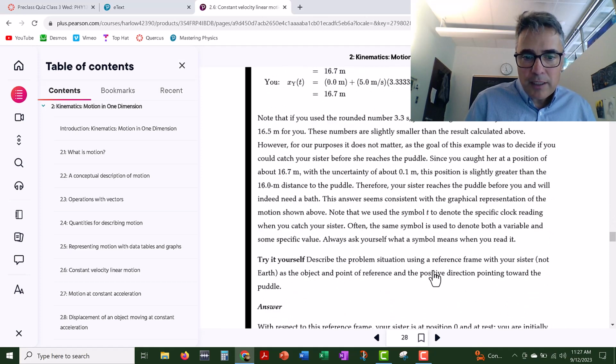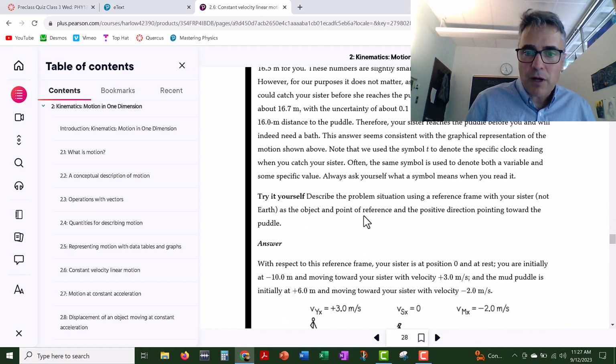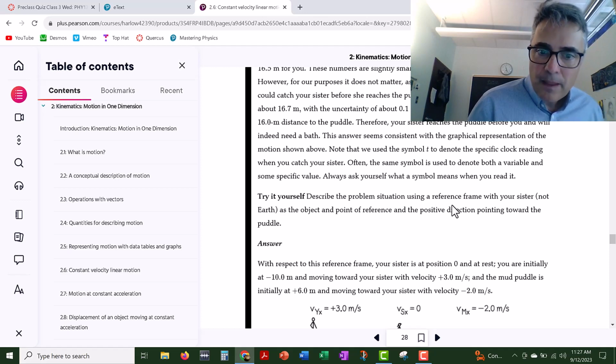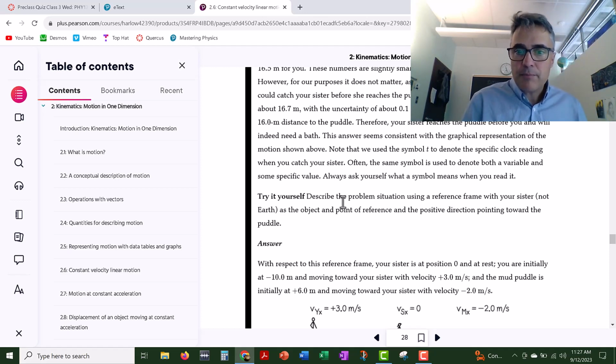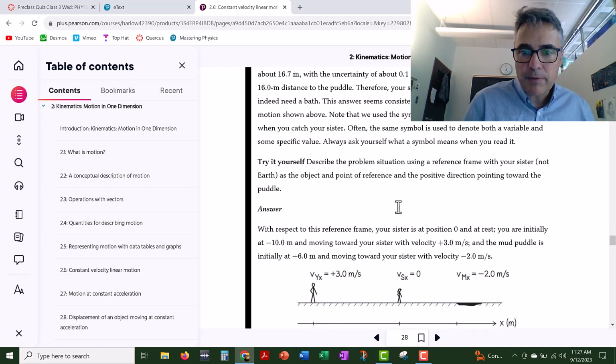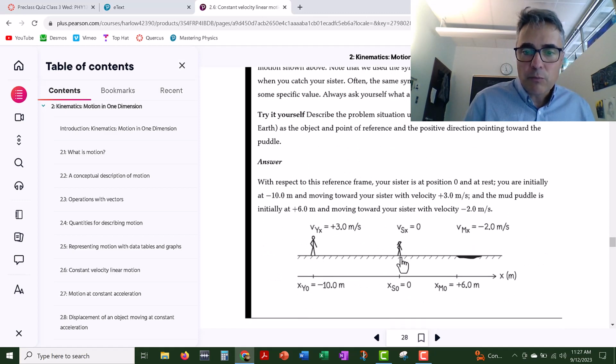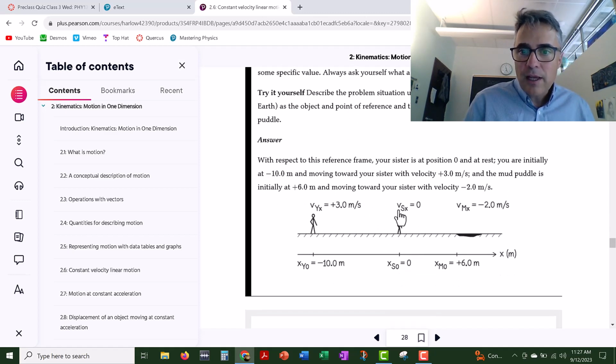But then if you keep reading, they describe the problem using a reference frame with your sister as the object and the point of reference pointing towards the puddle. So relative to your sister, the sister is at position 0 and is at rest.